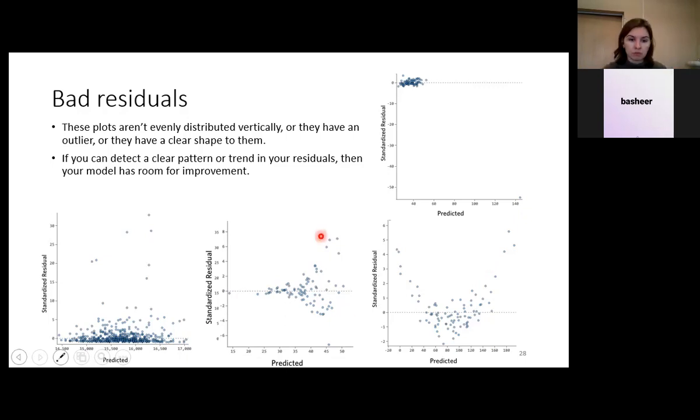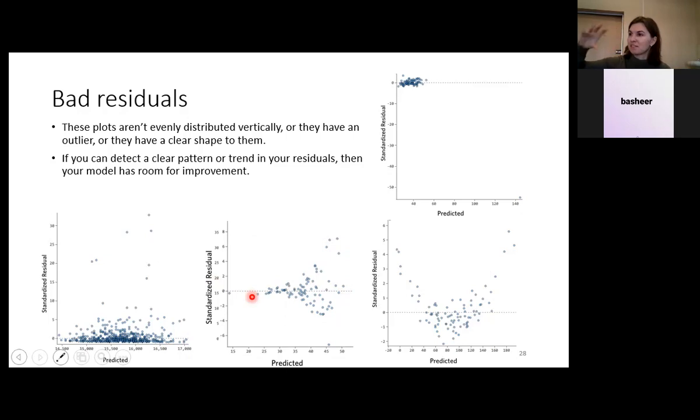If you have this tendency, it means that our residuals are heteroscedastic. Heteroscedasticity is a property of standard deviation variations.